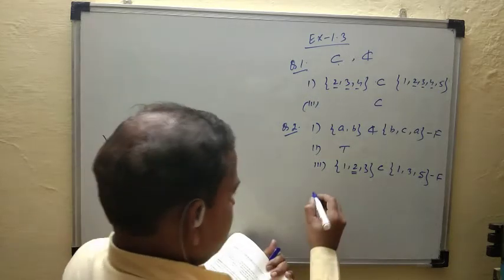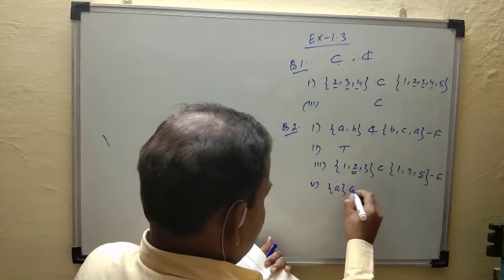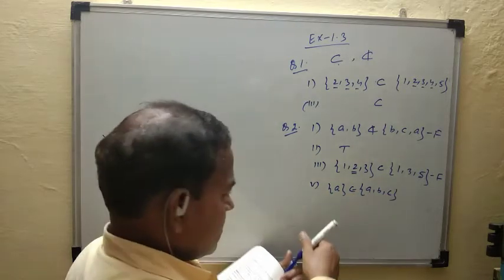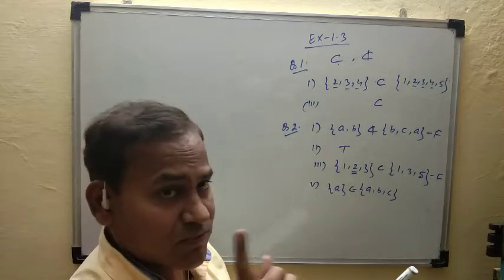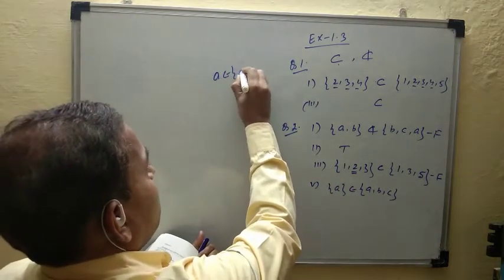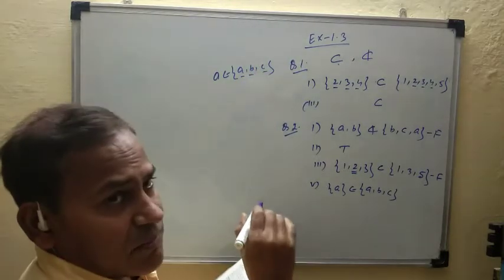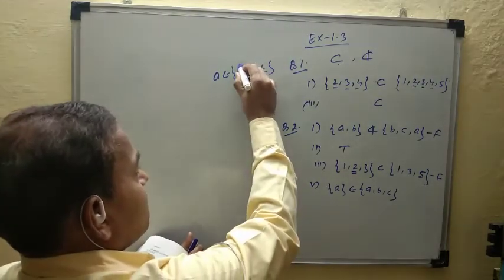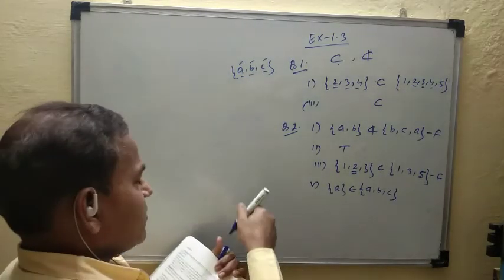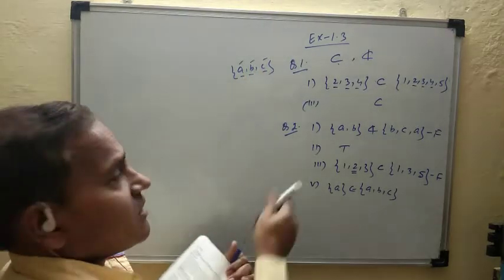And fifth, {A} belongs to {A, B, C}. No, this is false, because A belongs to {A, B, C}. If ABC is any set having 3 elements, then these are the elements.